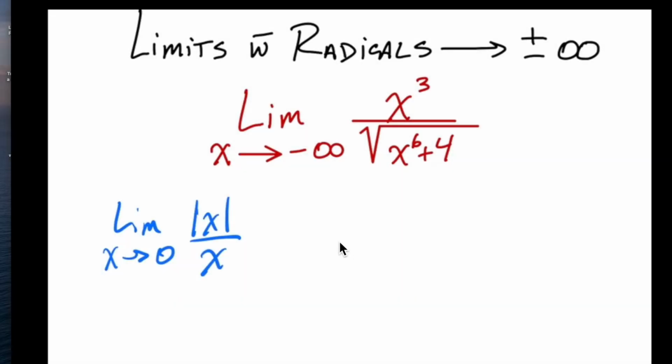Folks, the reason why this red limit is tricky as x goes to negative infinity is because radicals are like absolute values. You have to be cognizant of negatives. Recall, if you were to do this limit here in blue, you would have to set this up as a piecewise function. You cannot directly substitute x equals 0 here because this function is not continuous at x equals 0.